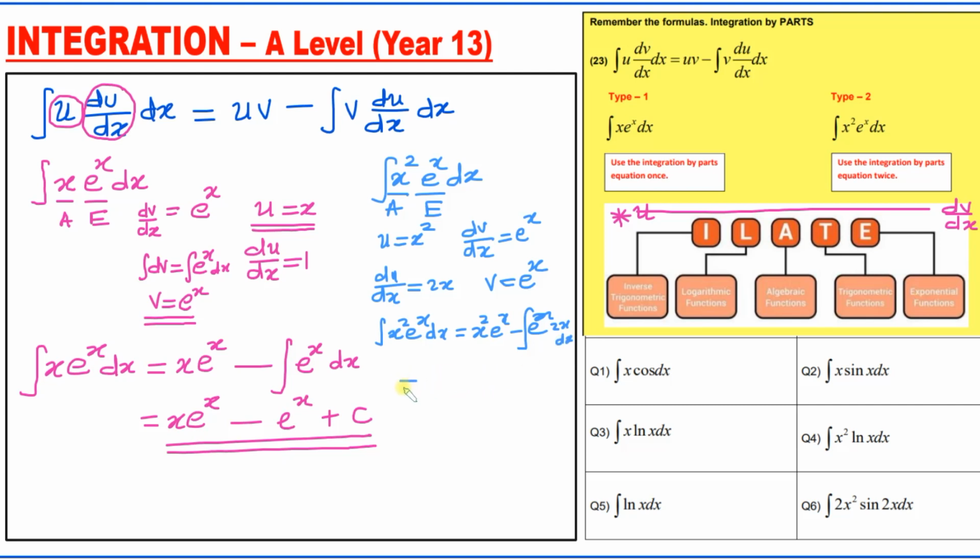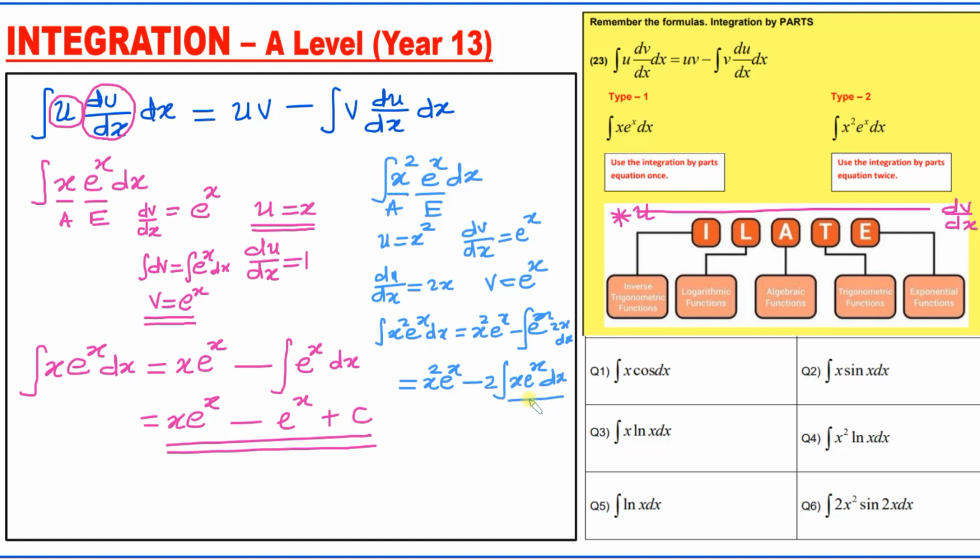I'm going to write this one here separately: x squared e to the power x minus, the 2 is a constant, I'm taking it out, integrating x e to the power x dx. So that is what we ended up with.